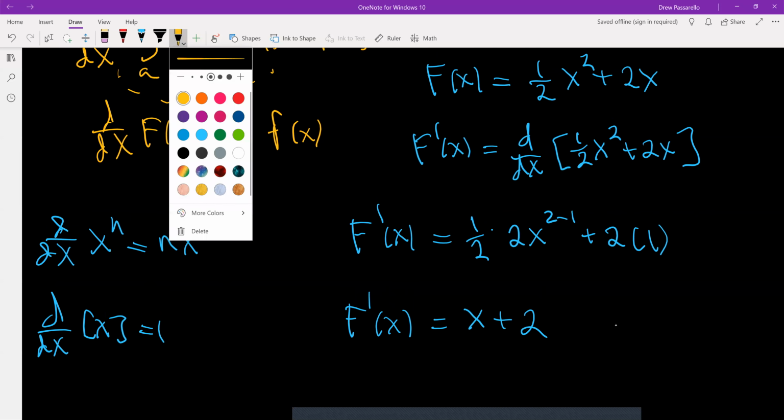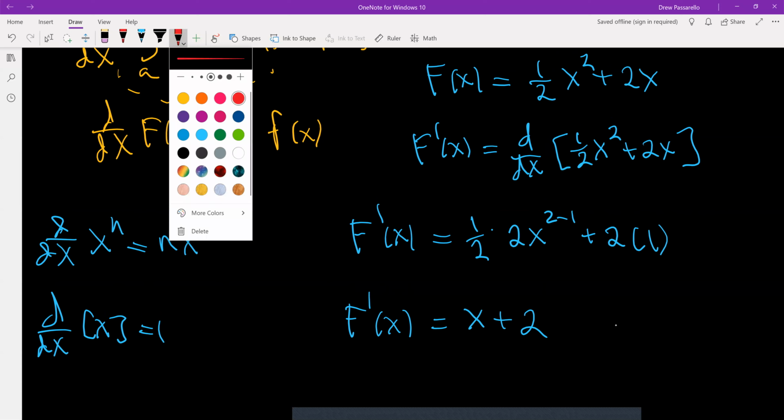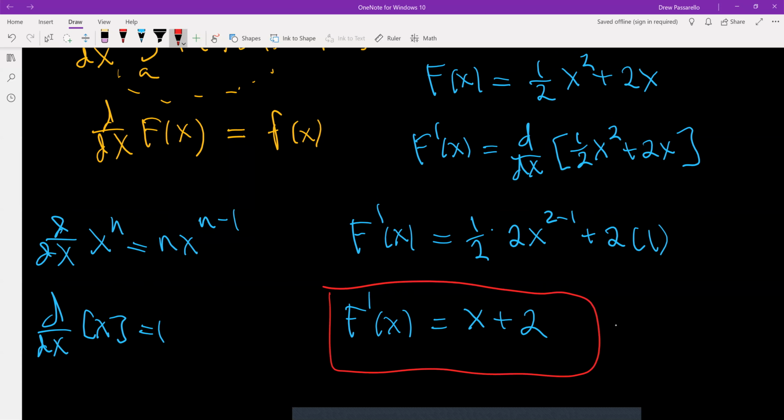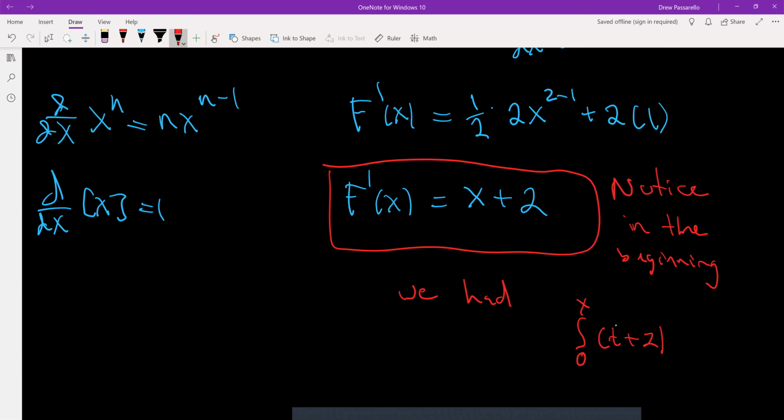Now notice, this is our result, what we get for the derivative. Notice in the beginning, we had the integral from 0 to x of t plus 2 dt.